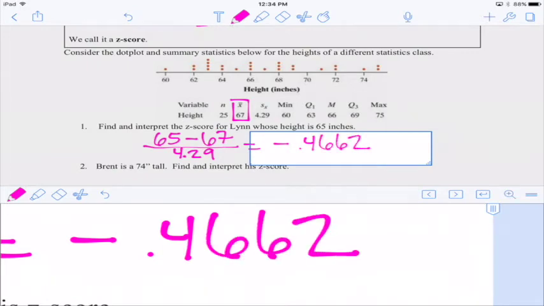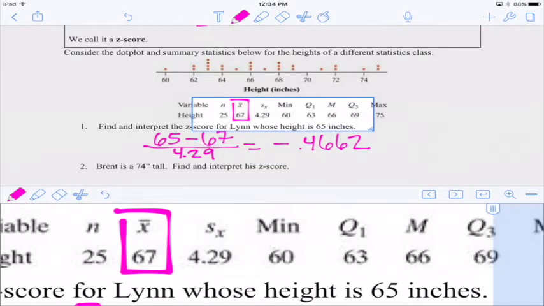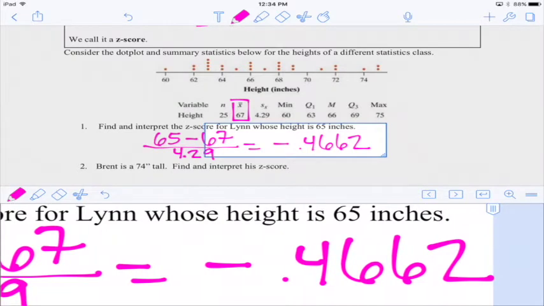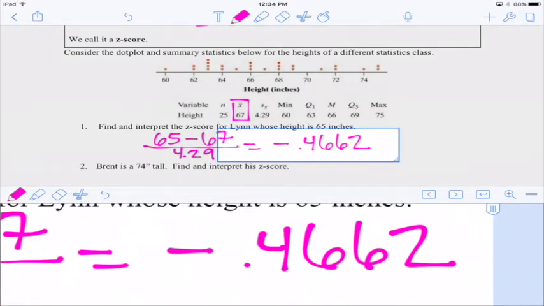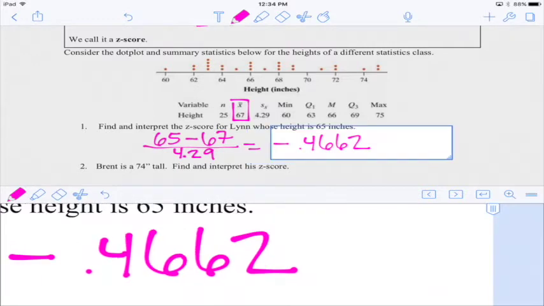So what this means is it's below our mean of 67 because it's negative. And what this means is it's the number of standard deviations above or below the mean. So this is about a half of a standard deviation below the mean. It's going to make a little more sense in a little bit, but that's how we're going to interpret it.